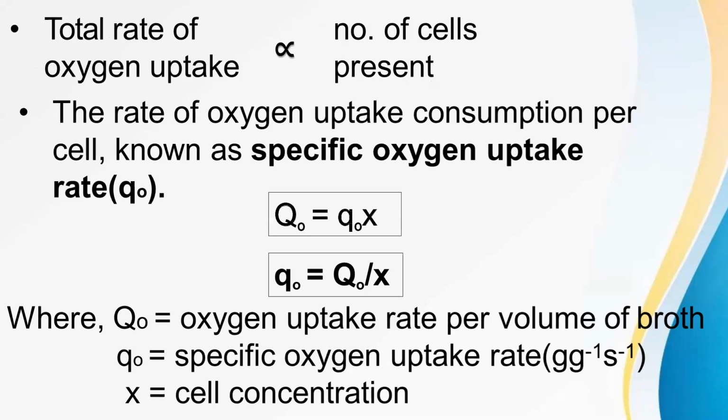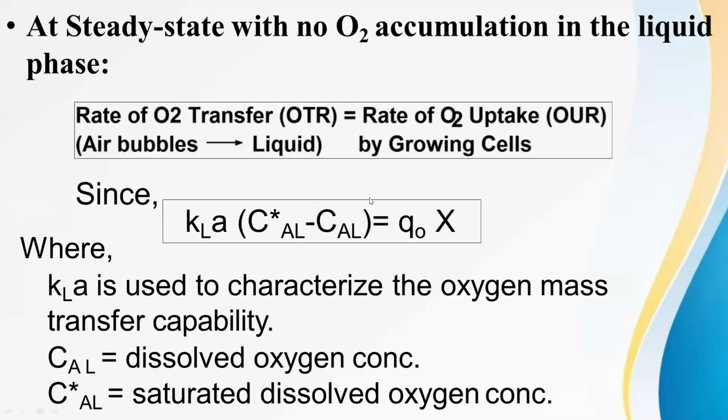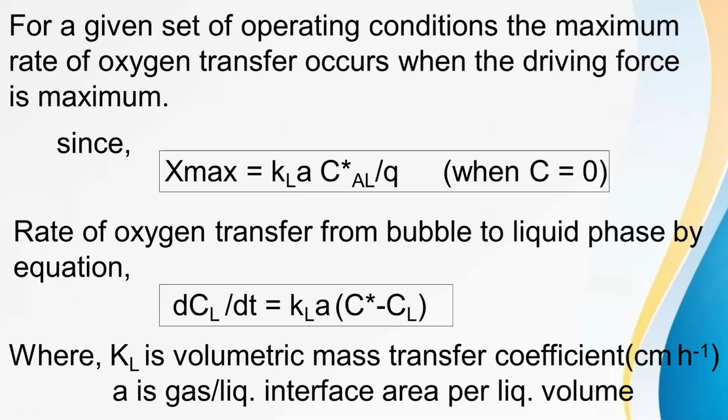It is the specific oxygen uptake rate, right? It is given here, this part. So Q naught is the specific oxygen uptake rate. So this equation, KLA into (C star AL minus CAL) is equal to Q naught X. With this, you're going to tell how you can determine the KLA value.